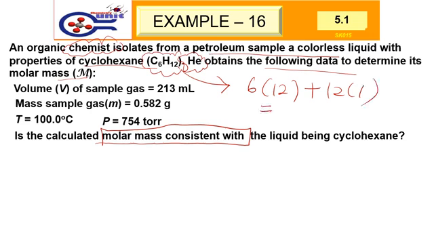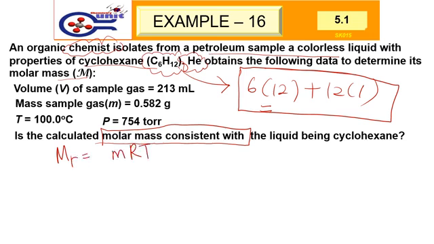Sepatutnya nilai yang kita kira by using this data mesti approximately equals to the mass calculated by using the standard value here. Okay, so kita akan gunakan apa? Ideal gas equation kita, iaitu molar mass sama dengan mass RT divide by pressure and volume. Okay, so maksud kita akan cari mass sama dengan berapa?